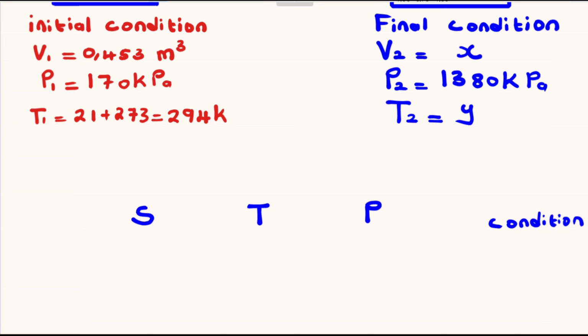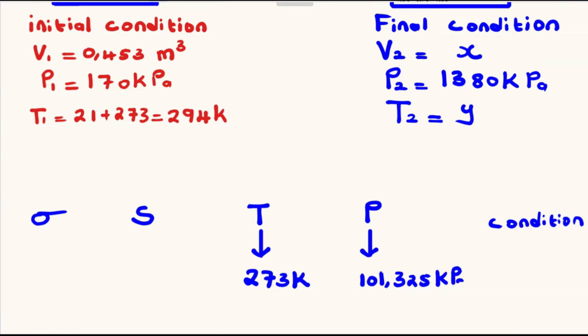At this STP, we were given the density of this particular gas, and the temperature is always constant for all the gases, and it's 273 kelvins, and I believe it's available in the formula sheet. And the pressure is always 101,325 kilopascals, and it's also available in the formula sheet.